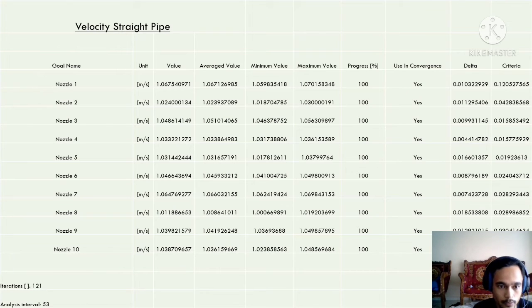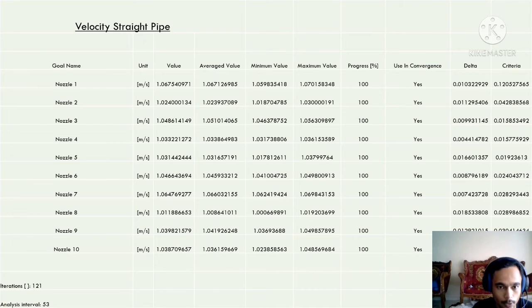So here is the velocity for each nozzle, all 10 nozzles, and all of the nozzles have an average velocity of more than 1 meter per second.